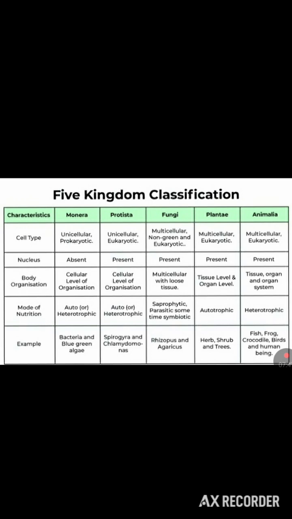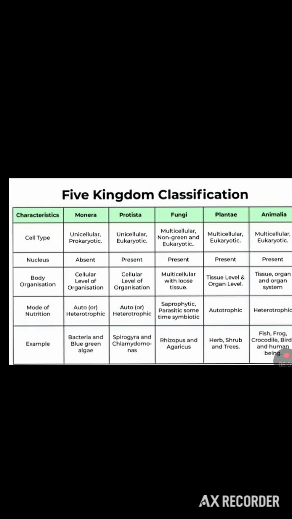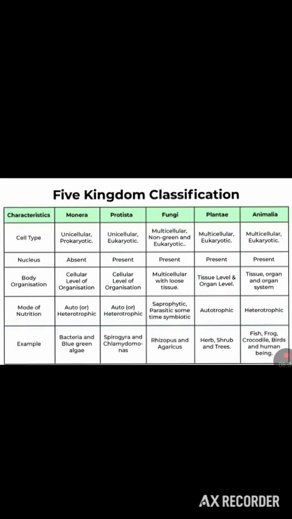Coming towards Kingdom Protista, they are also unicellular, but their cells are eukaryotic, meaning they have a proper nucleus. Coming towards fungi, they are multicellular, non-green, and eukaryotic. Kingdom Plantae, they are multicellular and eukaryotic organisms.